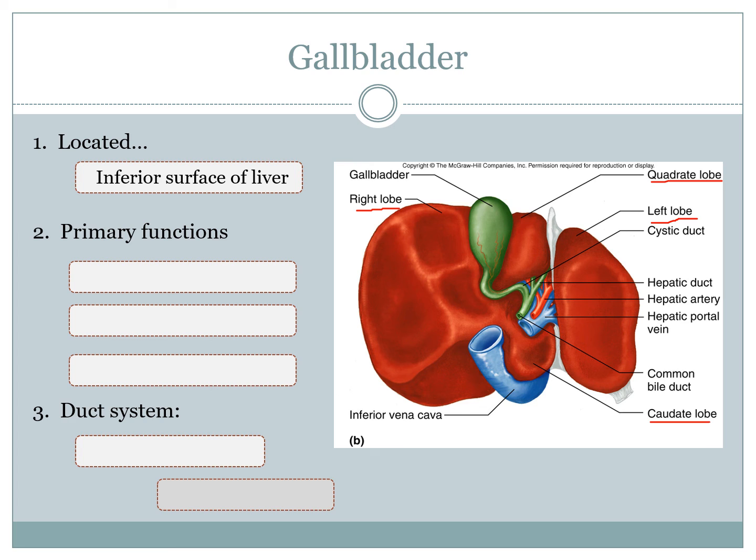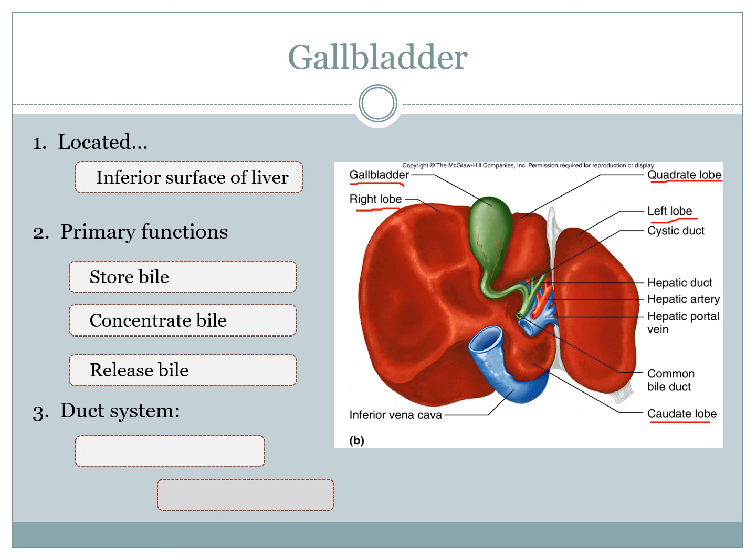Now we have the gallbladder on the inferior surface. It has a number of functions. One is it stores bile, it concentrates bile, and it releases bile. Okay, so it's a staging area.